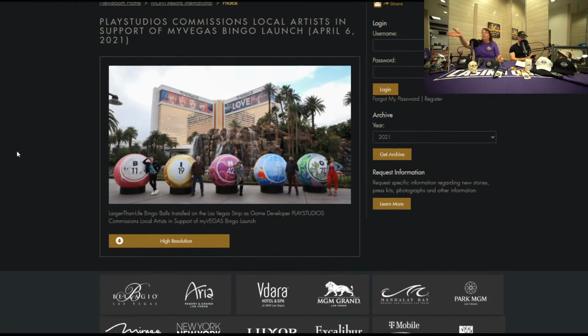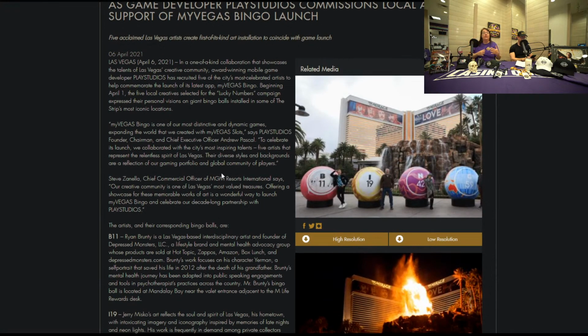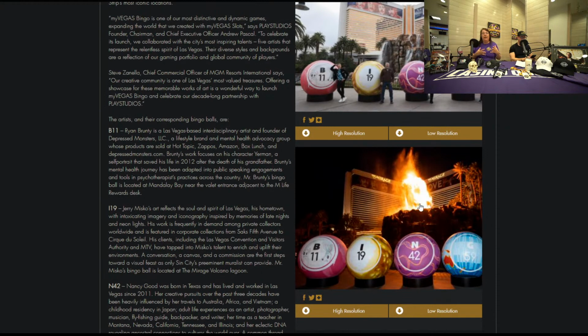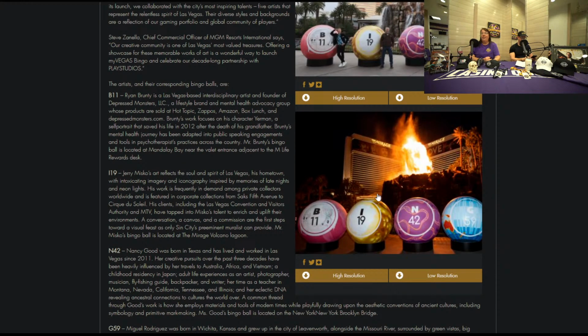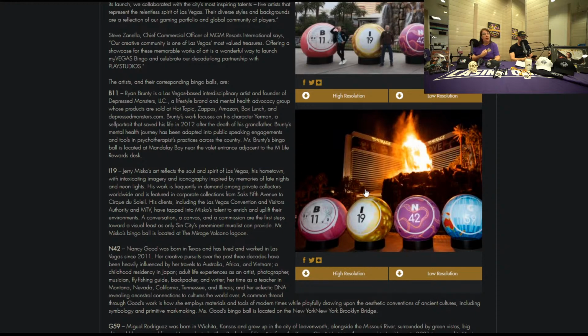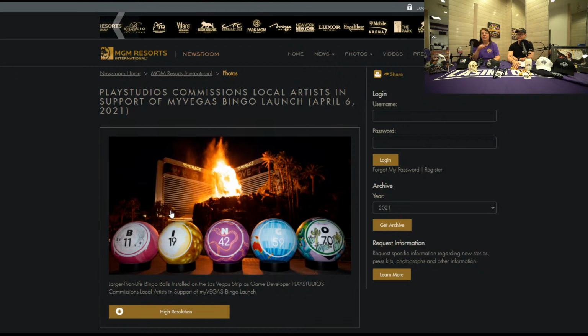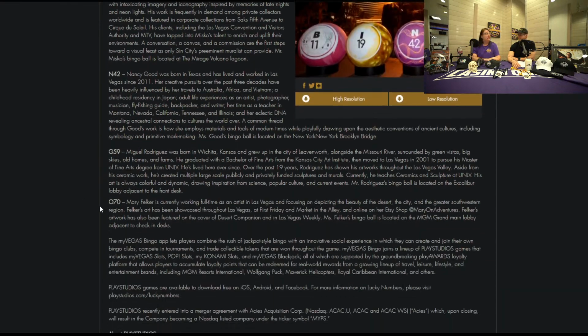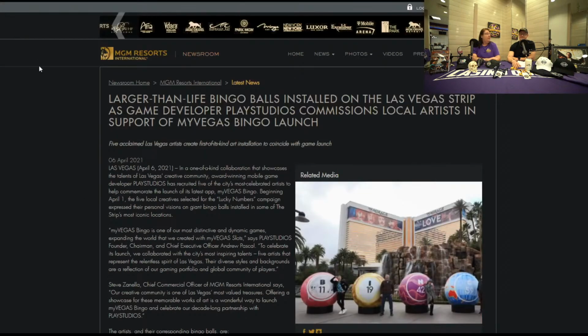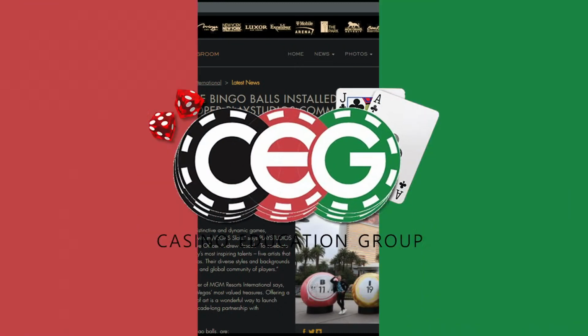And apparently there are people standing next to them, so you can have your picture taken standing next to these giant bingo balls, right next to that volcano thing. I think that is super cool, and I, for one, will be out on the strip looking for the bingo balls and have my picture taken with them. It's really cool at night. Maybe I'll do that Memorial Weekend when I've got a few days off, and anybody who feels like joining me, we can walk the strip a little bit. Fantastic. We'll go find the bingo balls and take some pictures.